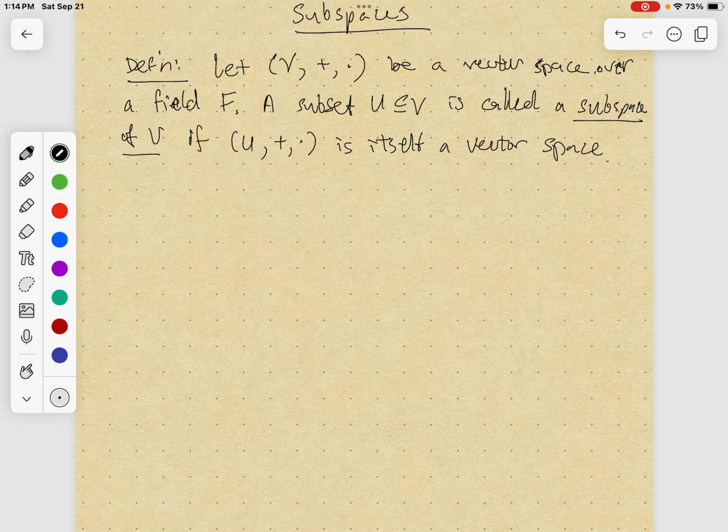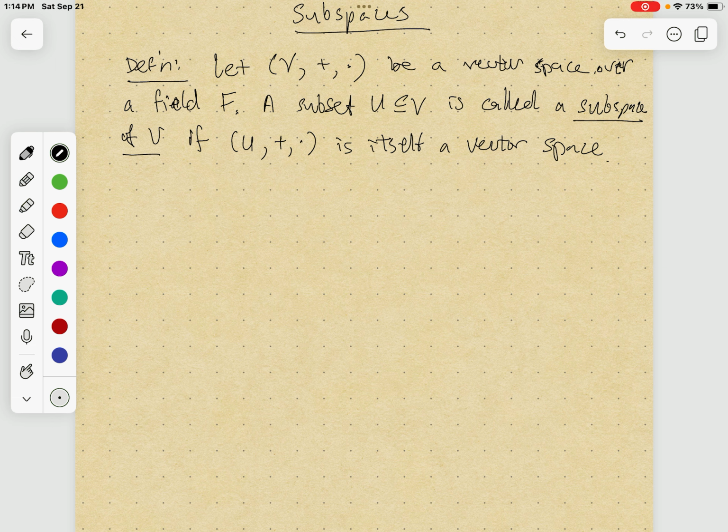Now, if you just have a random subset U of V, and you take two elements of U and add them, you're going to get a vector in V, but the sum might not be in U. Similarly, if you scale an element in U by some scalar, the result might not be in U.